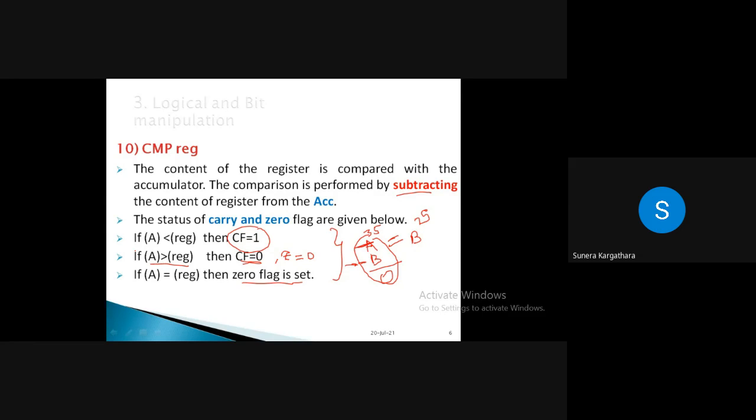Suppose my initial data is 0, 0, and I want to set my counter to value 10. So what I will do, I'll always increment it by 1: 0, 1, 0, 2, 0, 3, 0, 4. When it will reach 1, 0, then again it will be reset to 0, 0.